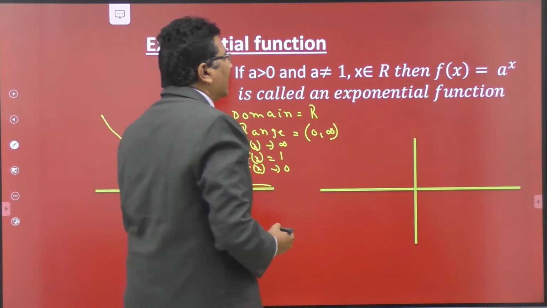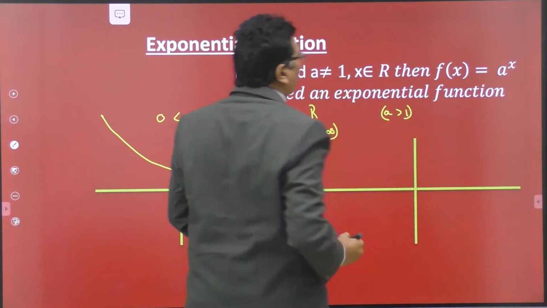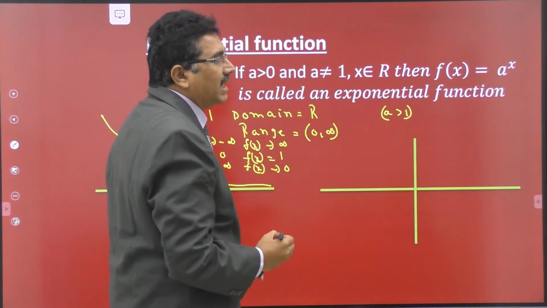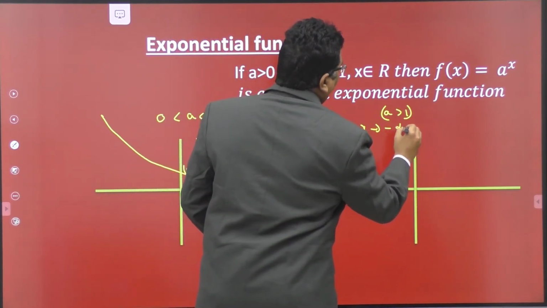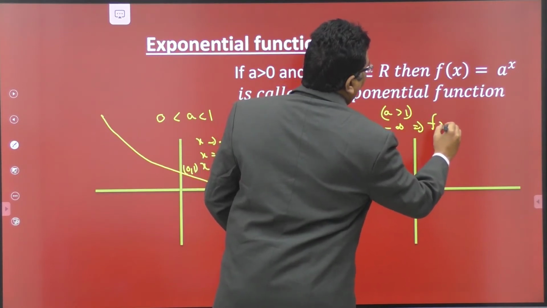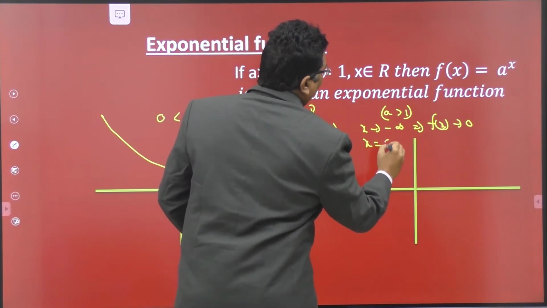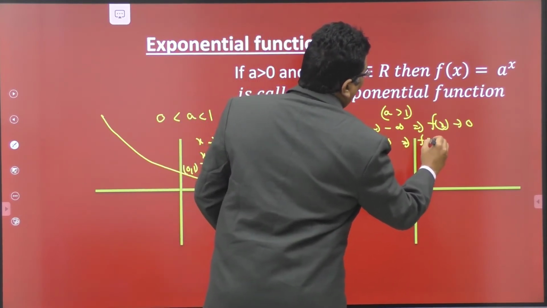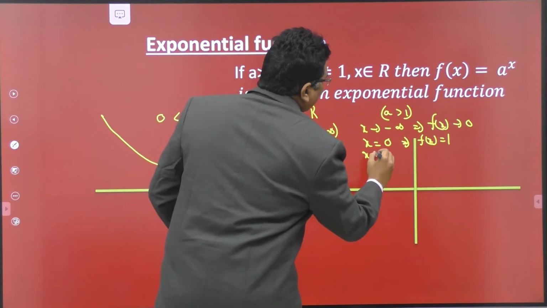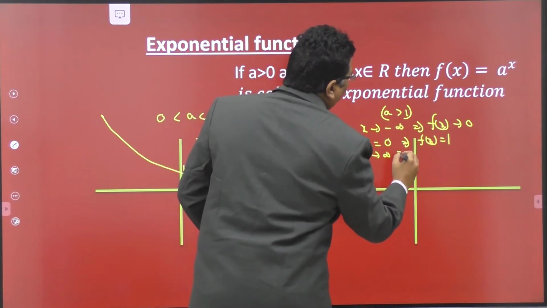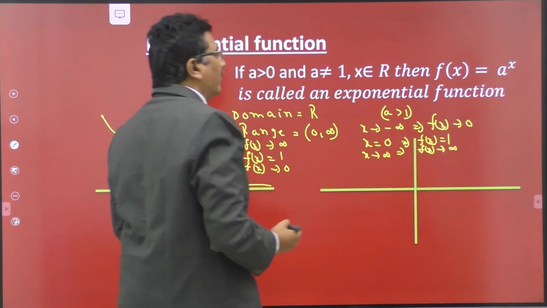Right. Now in the case of a greater than 1, as x tends to minus infinity, f of x tends to 0. At x equal to 0, f of x is equal to 1. As x tends to infinity, f of x tends to infinity.